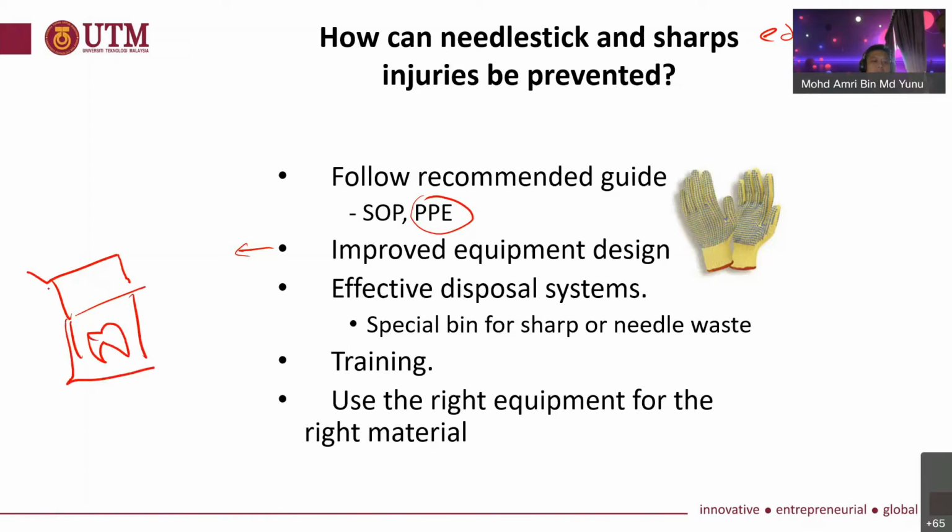Put biohazard clearly defined. Okay, this is biohazard. Or maybe the bin can only be opened, or the hinge can only be pushed in one direction. Cannot be pulled or whatever.